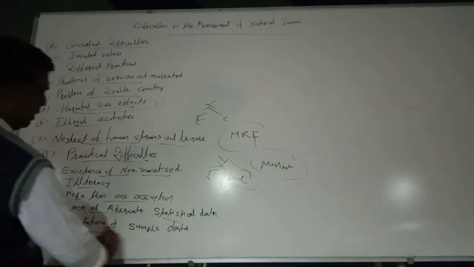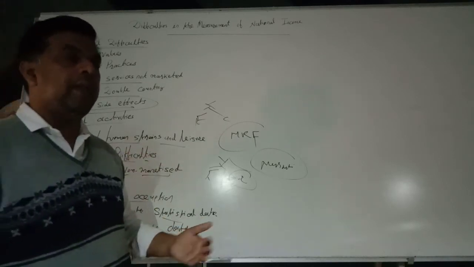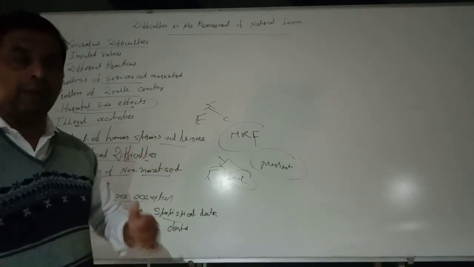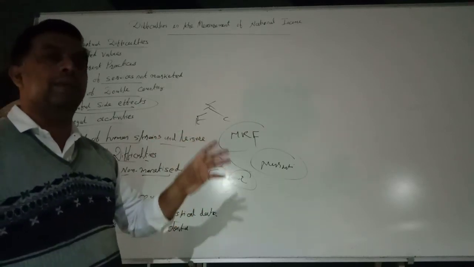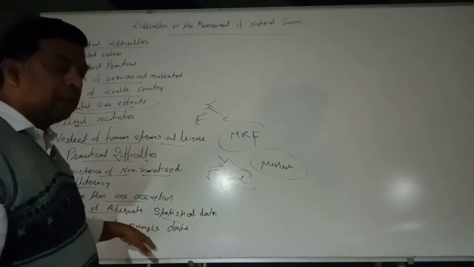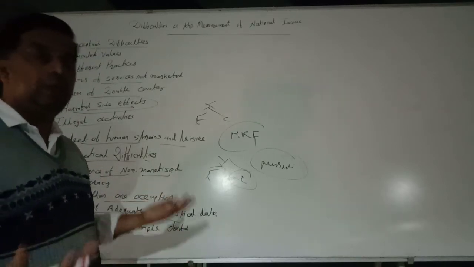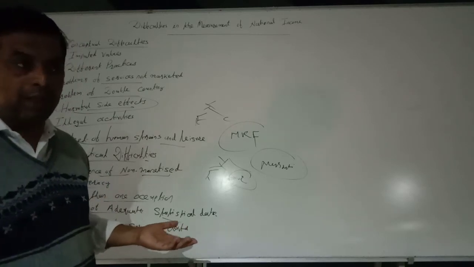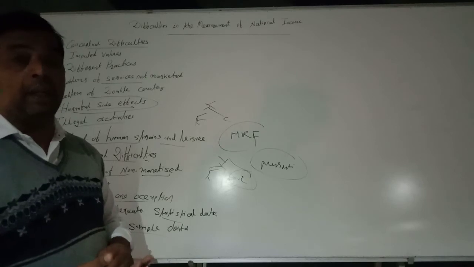And last, limitation of sample data. The National Income Committee obviously cannot reach each and every district of the country, so they select some districts of the nation and collect data, but there are always limitations of sampling, कि कौन सा डिस्ट्रिक्ट वो सिलेक्ट करते हैं, वो पूरे स्टेट के पॉपुलेशन को रिप्रेजेंट करता है कि नहीं करता है.